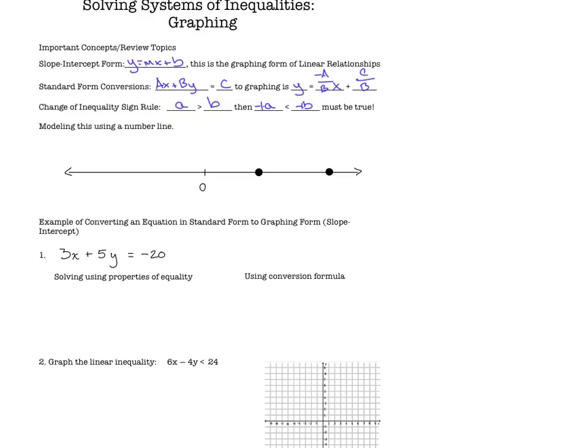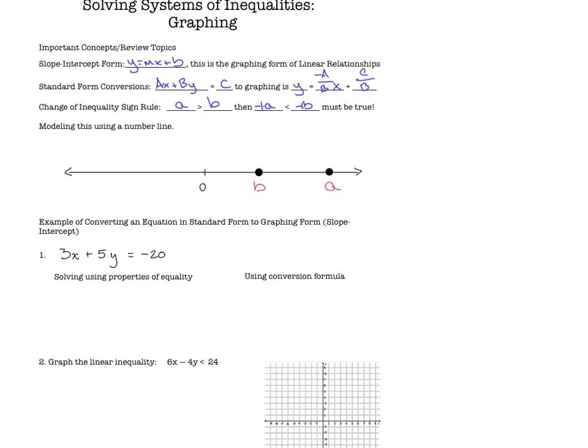And to show this on a number line very quickly, if I had this point, and we'll label this as point A, right? So we'll call this B, sorry, hold up, we'll keep our model correct. I'm telling you that A is greater than B, so A is going to be to the right of B. And if I take the opposite of a number, it's not saying it's farther away from 0, it's just saying it's the same distance away from 0, but on the opposite side of 0.